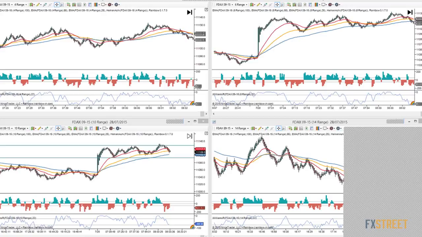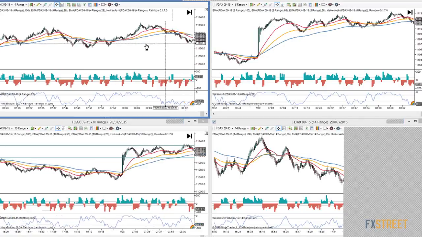So ideally, based on my preparation for the morning, based on the previous candle closes and all of that kind of good stuff, really we want to see the market go lower. That would be the ideal trade at this moment in time.